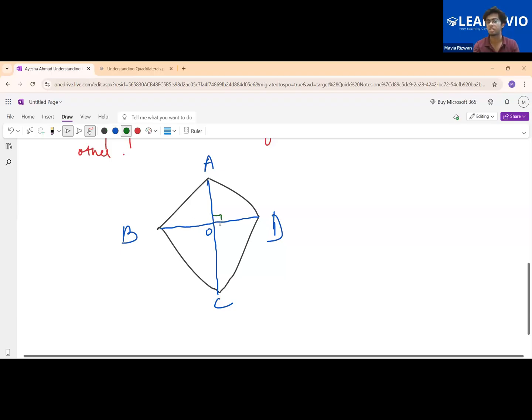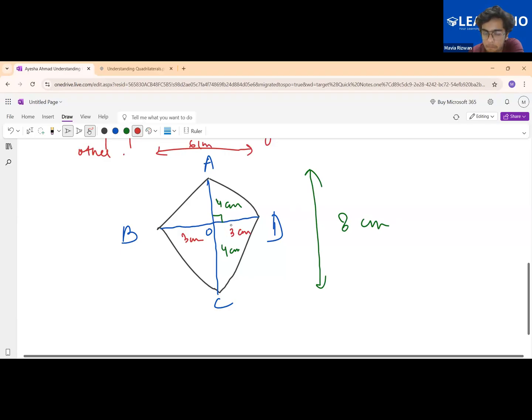Perpendicular means they cut each other at 90 degrees. Suppose this AC is 8 centimeters, so AO would be 4 centimeters, and OC would also be 4 centimeters. And if this BD is 6 centimeters, this much would be 3, and this much would be 3. Is this clear, Aisha, now?